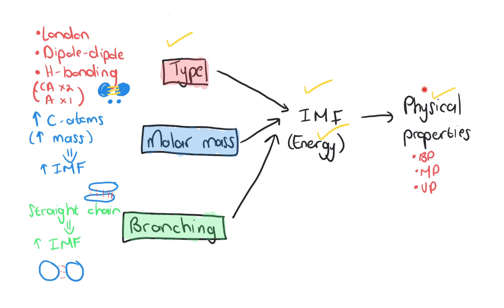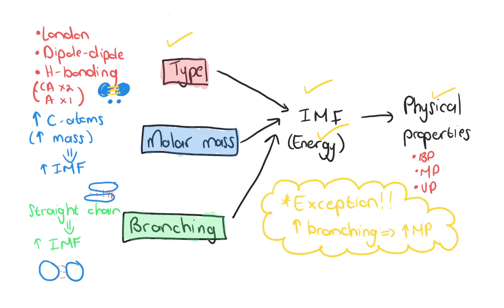The only exception, and this is very important, is that branching usually lowers the boiling point, but the effect on the melting point is sometimes different. So highly symmetrical branched molecules can sometimes pack more efficiently in a solid state, which may increase the melting point.